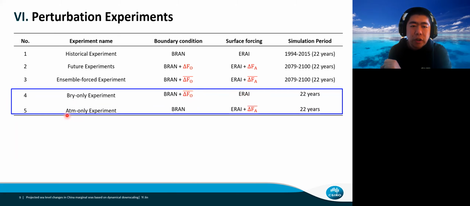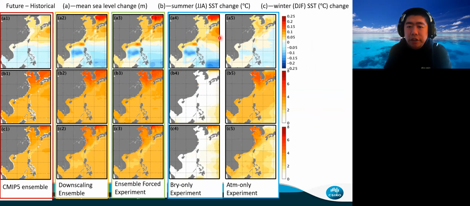Similarly, for the atmosphere only experiments, the climate change signal is only applied for the surface forcing and the boundary condition is unchanged. So based on these 2 perturbation experiments, the contributions from the ocean and the atmosphere can be separated.